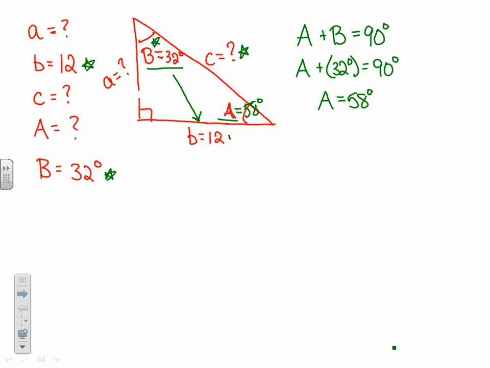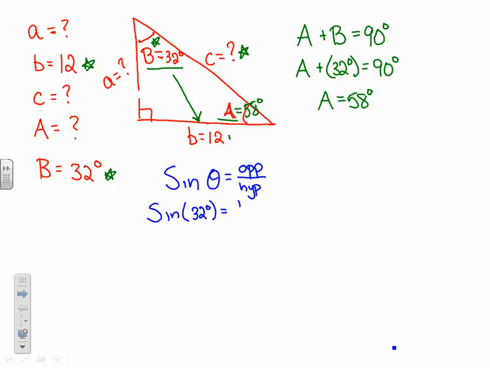And if I'm looking at angle B, which is right up here, then side B is opposite angle B. So I have an opposite side, side B, and a hypotenuse, side C. Opposite and hypotenuse is automatically going to be sine. So sine of theta is opposite over hypotenuse. And if I start to substitute my values here, the angle I'm talking about is angle B, which has a measure of 32 degrees.